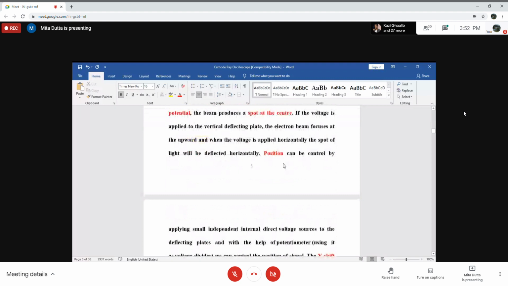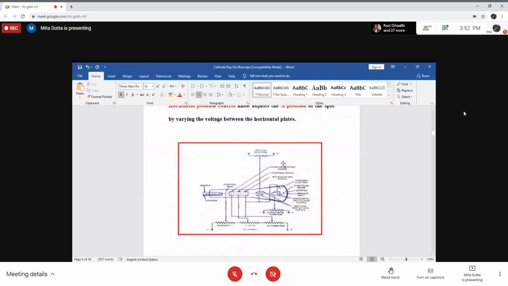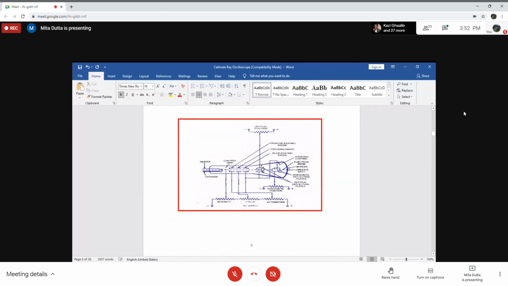Now we have seen here the vertical position and the amplitude of the vertical signal both controlled by these, marked as X shift and Y shift.